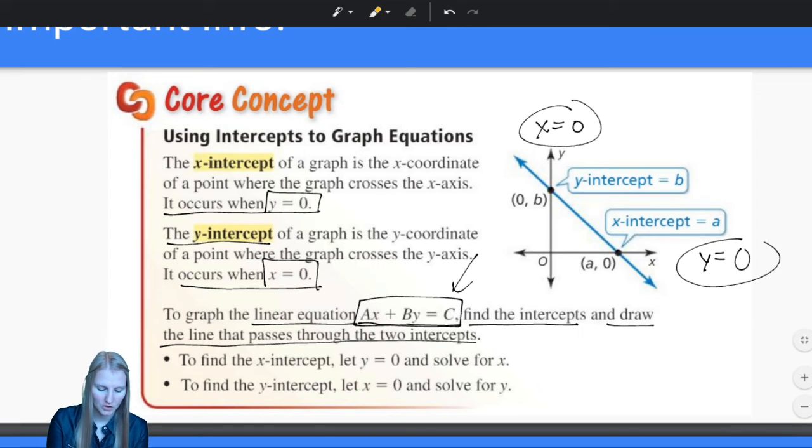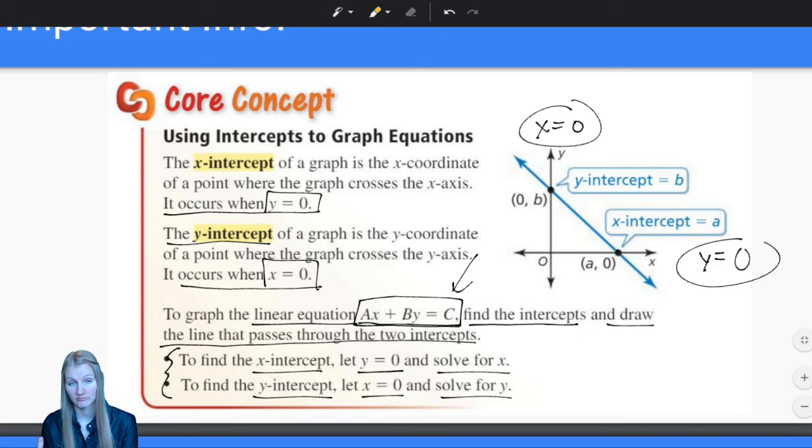Okay, so to find the x-intercept, let y equal 0 and solve for x. To find the y-intercept, let x equal 0 and solve for y. This is the key, right down here at the bottom. X equals 0, solve for y.